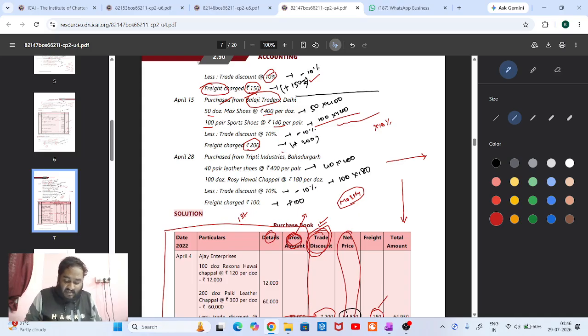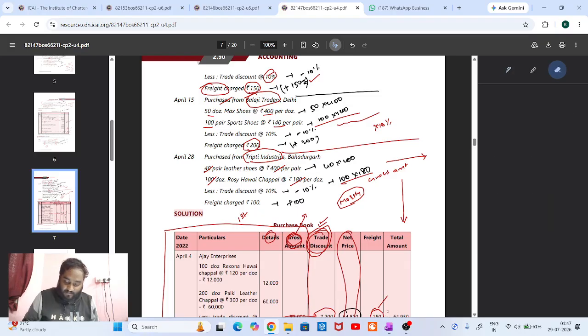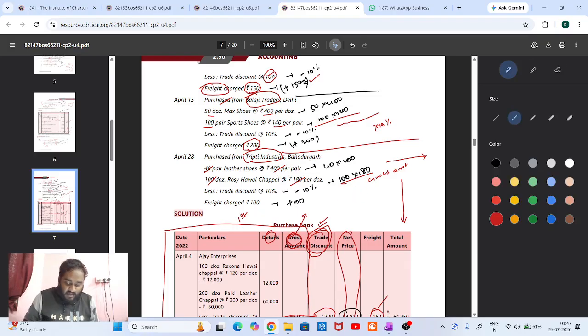For the third one, purchased from so on so. 40 into 400, 100 dozens into 180. This is the gross amount. And then in the trade discount column, we do 10%, and then net amount or net price.